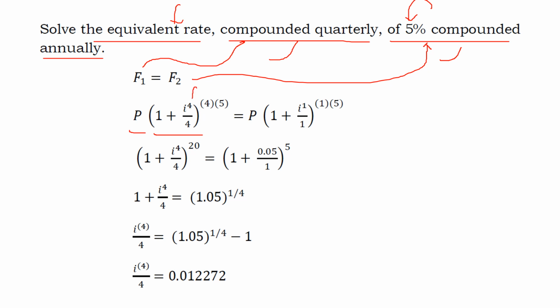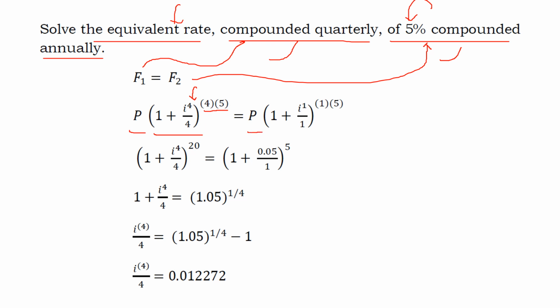It is 4 because it represents your compounded quarterly, and it is your 4 to be multiplied by 5 because it represents the number of conversion periods. So whatever the product between your 4 and 5 is, that is the total number of quarters within that 5 years. Now, at the right side of your equation, it represents the compounded annually.